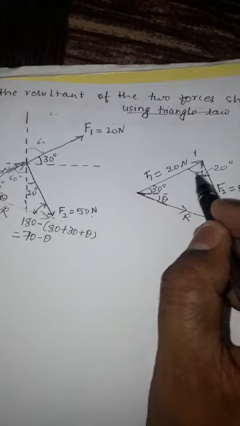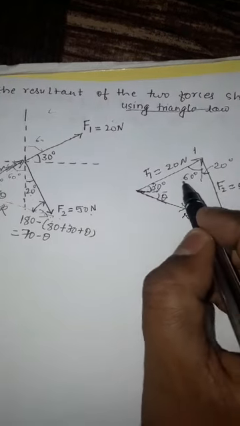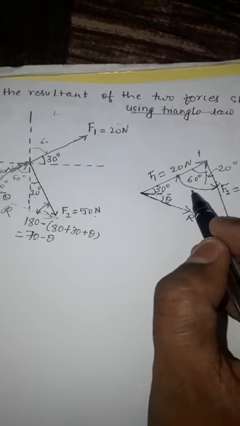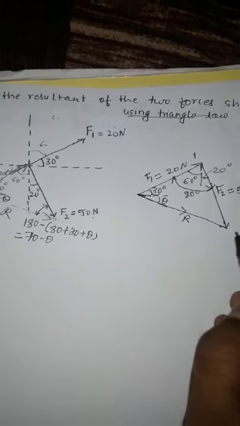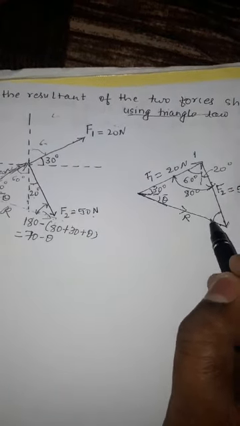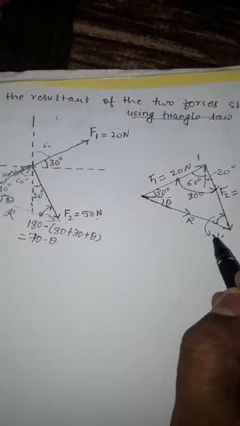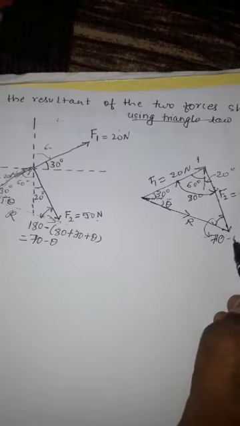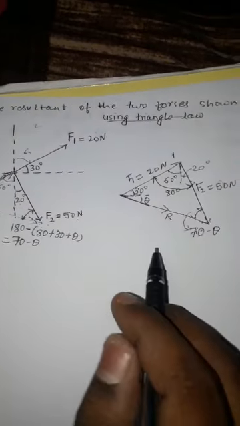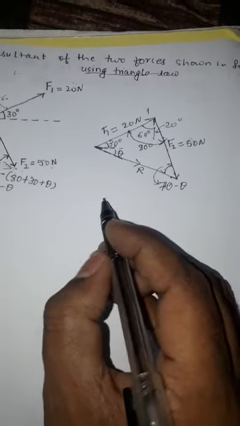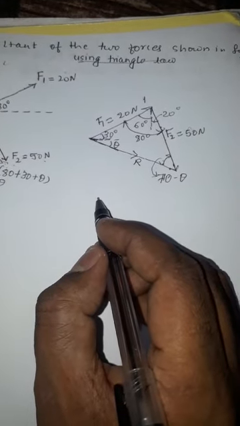This is a 60 degree from the given figure, so this total angle will become 80 degree, and this angle I have calculated, which is nothing but 70 minus theta. Now I have to calculate in this figure the resultant as well as the angle of the resultant, that is nothing but theta.